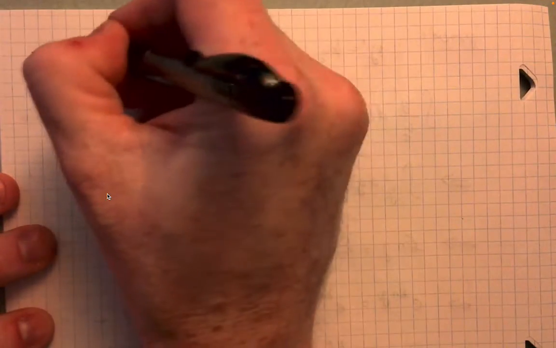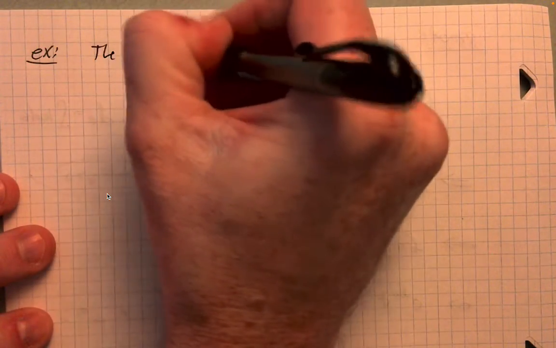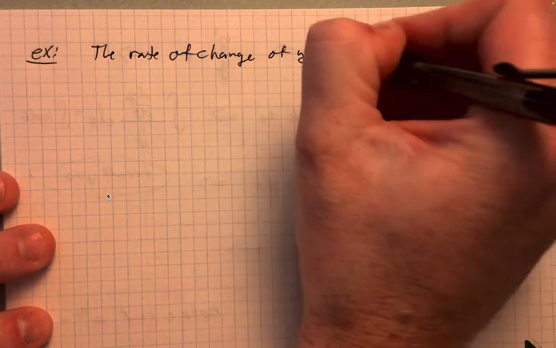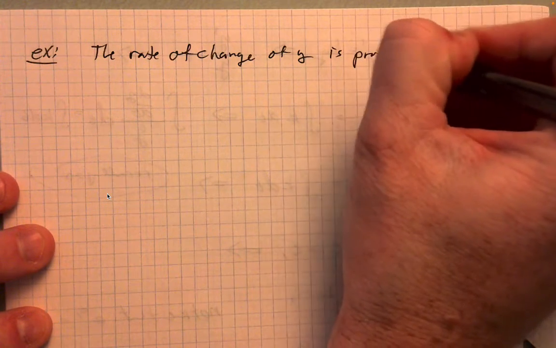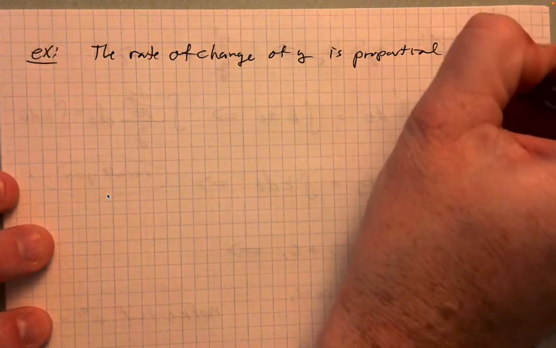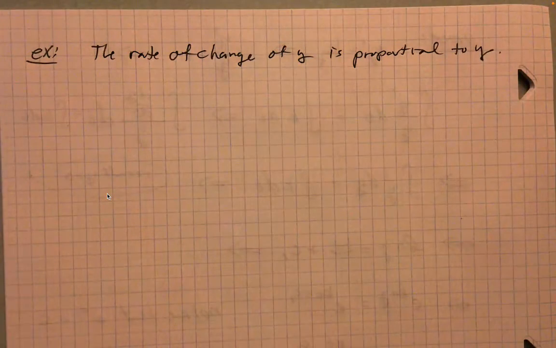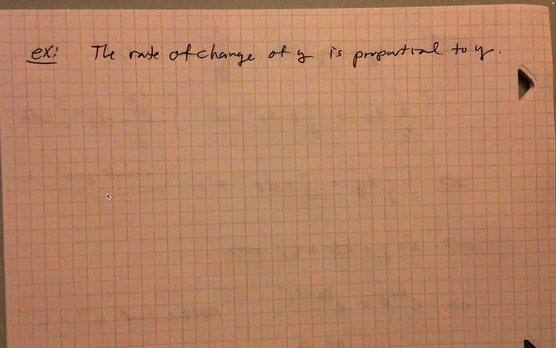Okay. So let's talk through an example here and see how some of this fits together. This is our first example. So we'll write the rate of change of y is proportional to y. Okay, so that's our first indication. That means basically y prime equals ky.